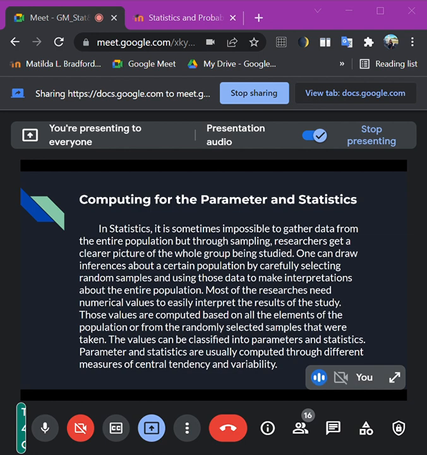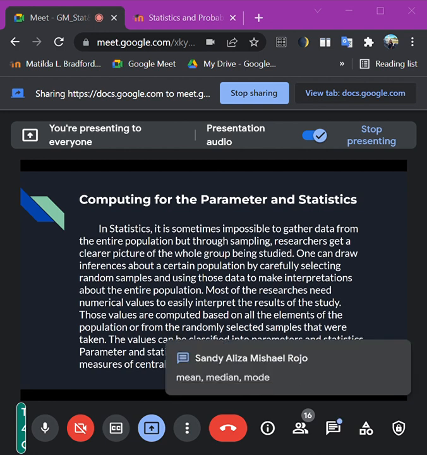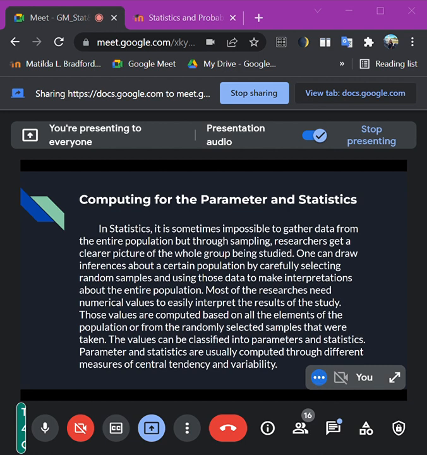Okay, for central tendency, I will give you a clue. Mnemonics, MMM. And then for variability, okay, very good, Rojo. Mean, median, mode. For variability, you have there RSDV.